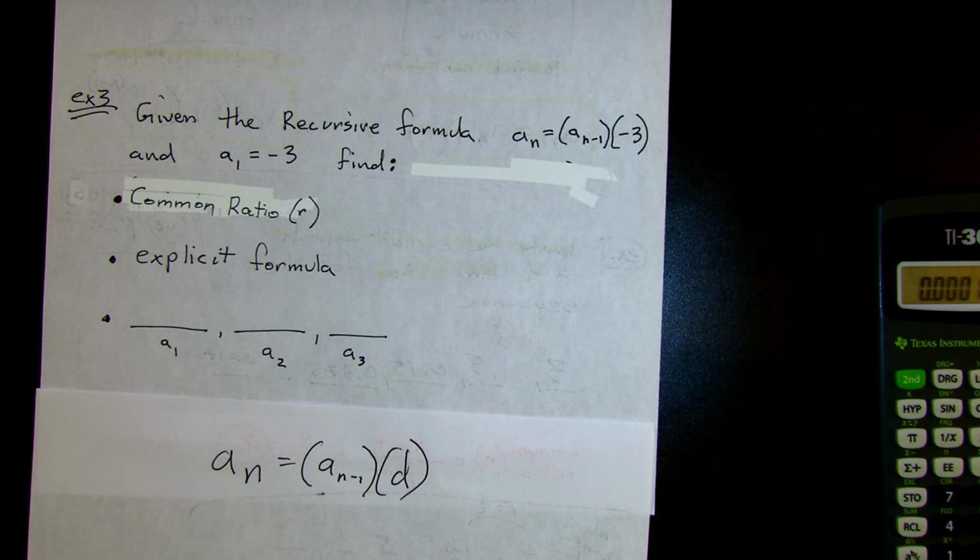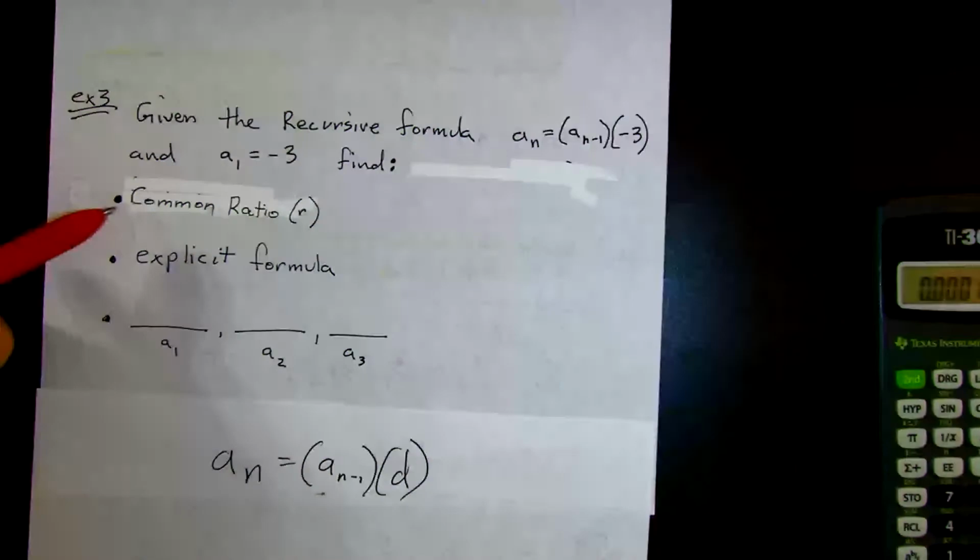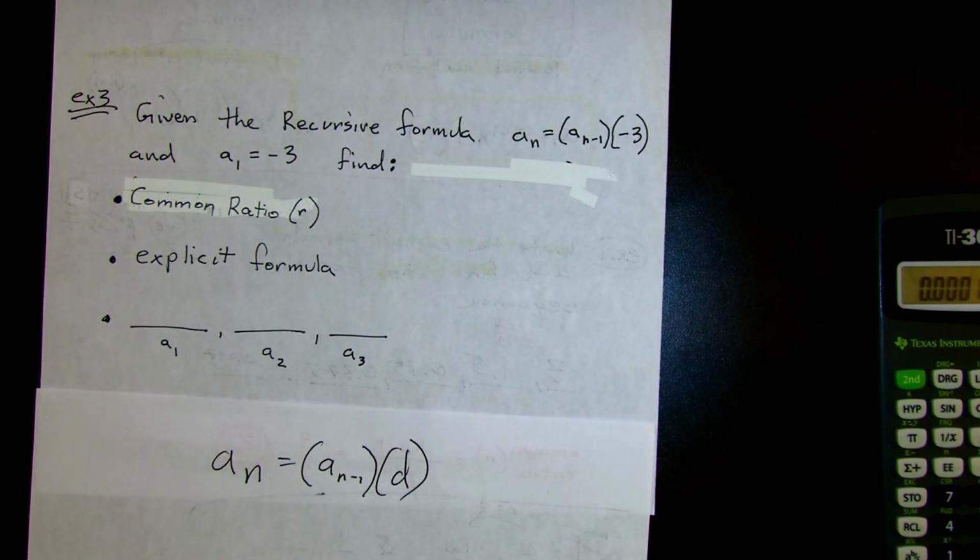We need to make the explicit formula. We need to find the first 3 terms. I think we already know the first term. That's given. All right, another 10 seconds just to get those first 2 lines out. We'll do common ratio first. So if you want to write common ratio, have that ready in your notes.